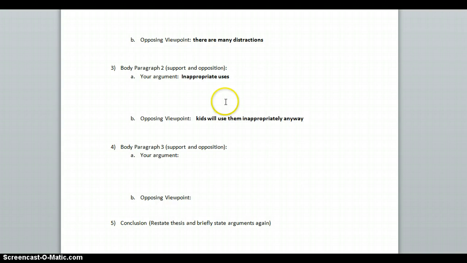Okay, and in that paragraph I'm going to talk about the inappropriate uses, and why that's not a good argument. And let's say my third reason is that schools already have resources. An opposing viewpoint could be that school resources aren't up to date. Okay, so as you can see, this is all it should be.